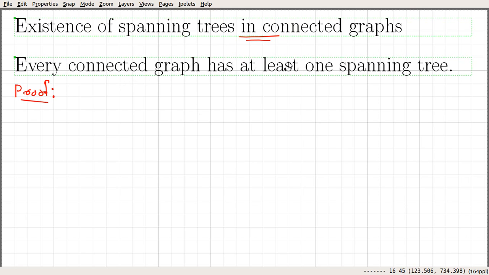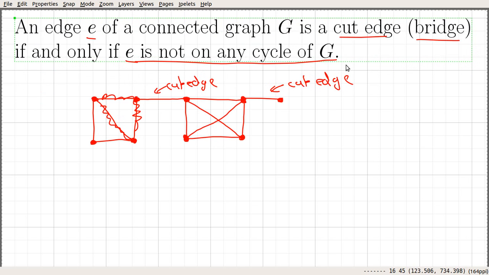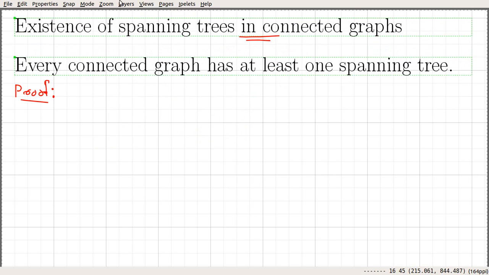So every connected graph has at least one spanning tree, and remember this particular theorem. Let's go and prove this statement. Let G be a connected graph. We can very easily see that every connected graph has a minimal connected spanning subgraph.